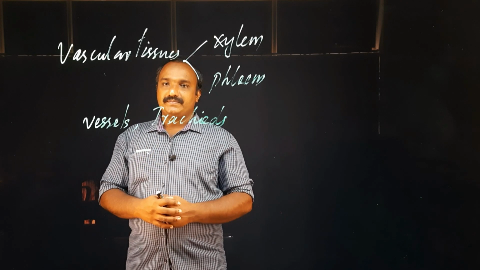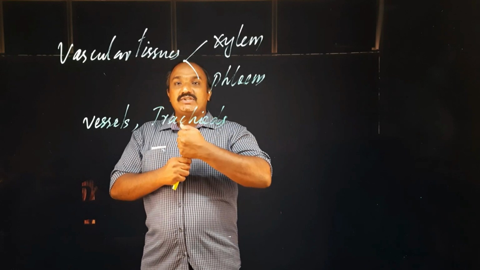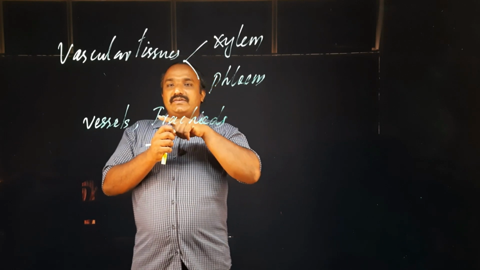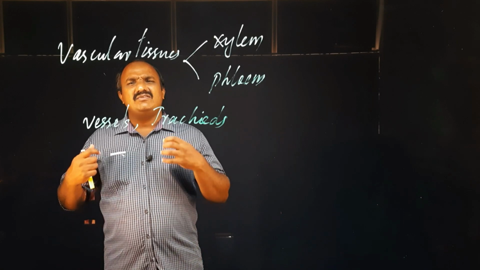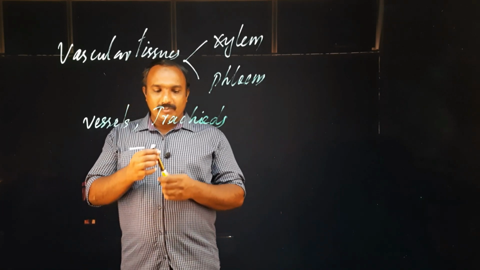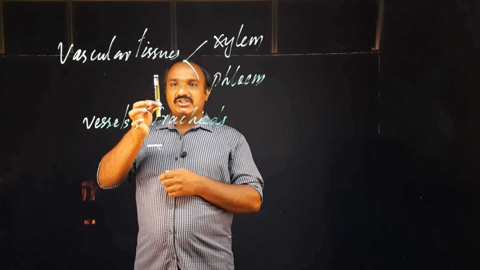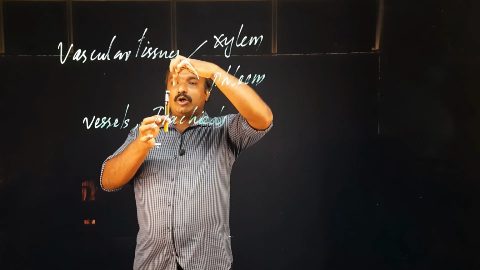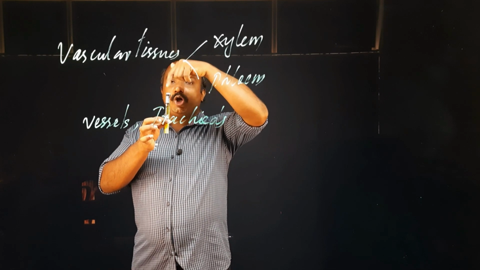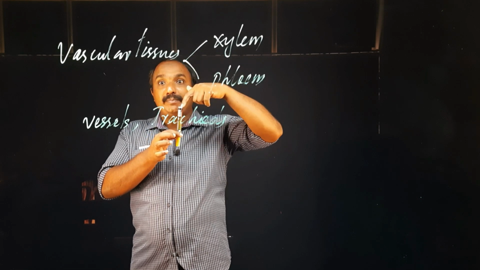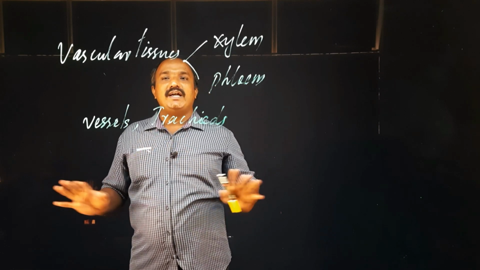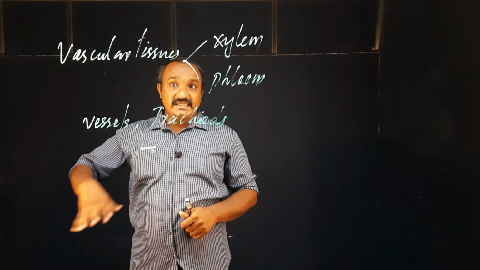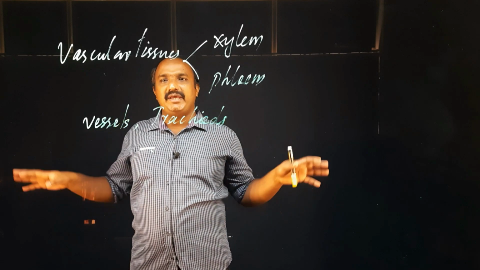And when two cells join, the cell wall is not present there. So these pipe-like cells are arranged one on the top of the other, and at the joining place there is no cell wall. The cell wall is disintegrated.